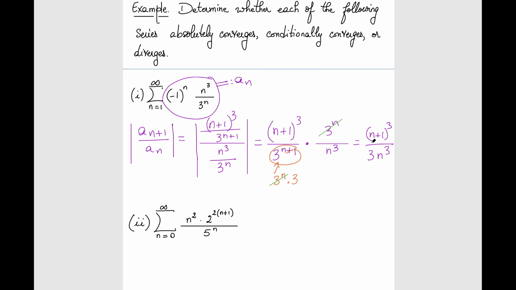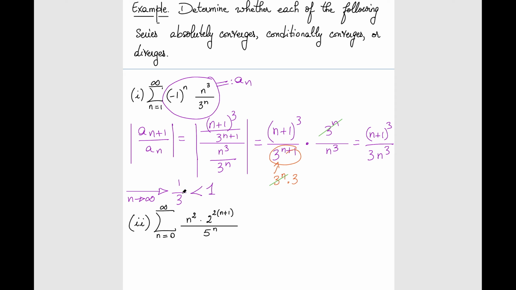And where does this go as n goes to infinity? Upstairs is going to behave as n cubed, the leading term, and downstairs is 3n cubed. So this is going to go to 1 over 3. And 1 over 3 is smaller than 1.